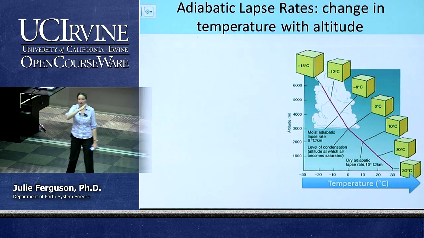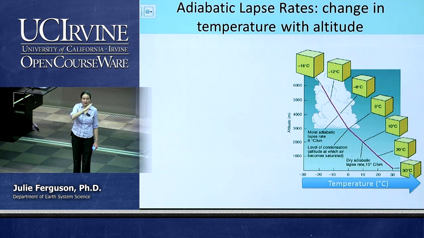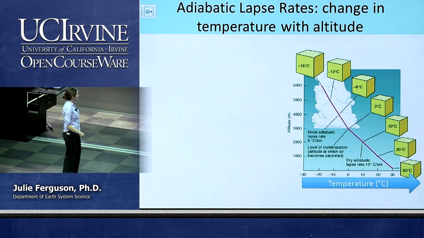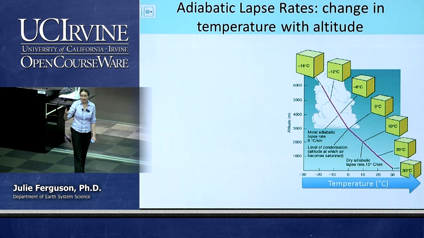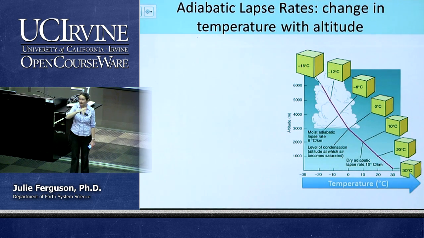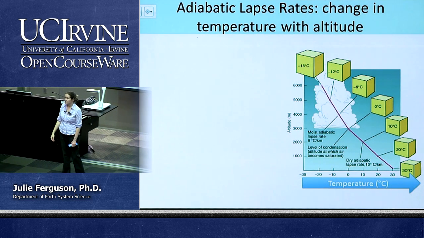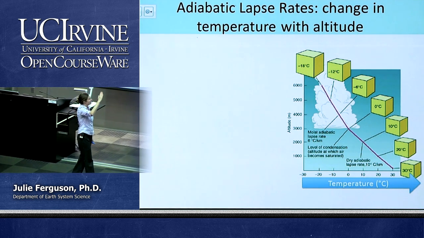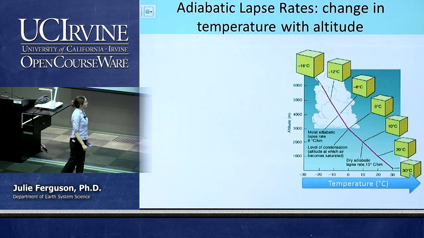So we're losing 10 degrees per kilometer, and we're gaining 5 degrees. So now you can see that from when I start forming clouds, from when I get condensation, my lapse rate, so how quickly I cool down in the atmosphere, is 5 degrees Celsius per kilometer instead. If that cloud wasn't there, it would still keep cooling down at 10 degrees. But because we're releasing latent heat, we start to see that change.